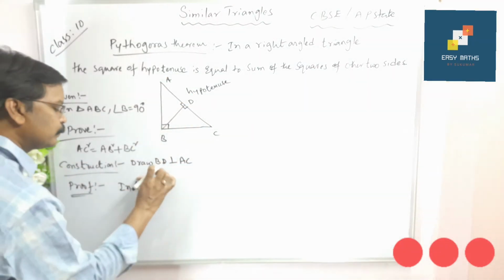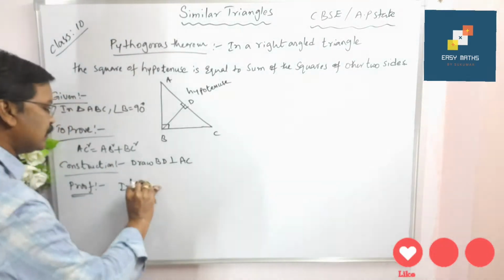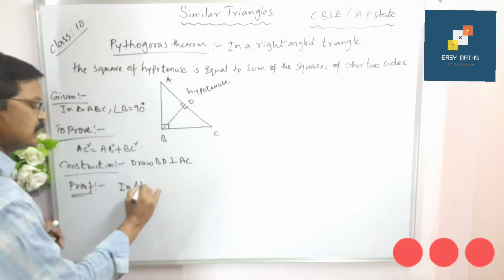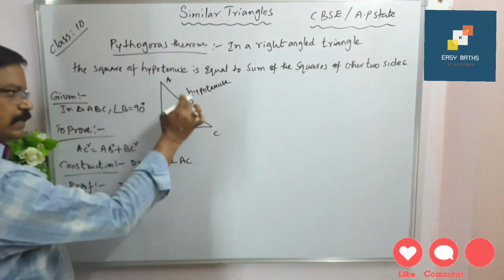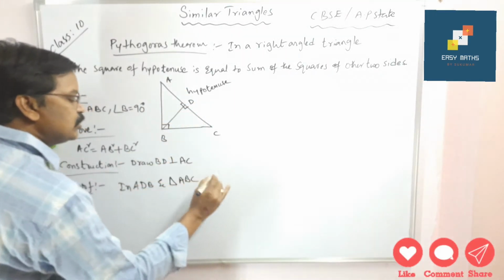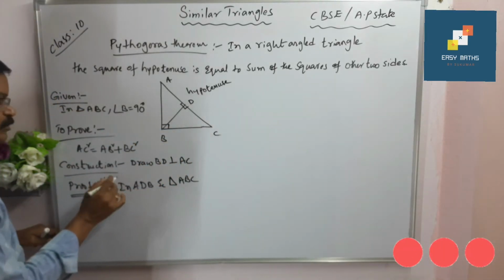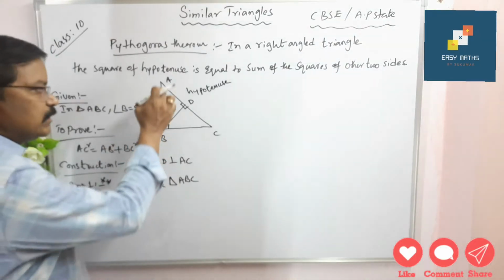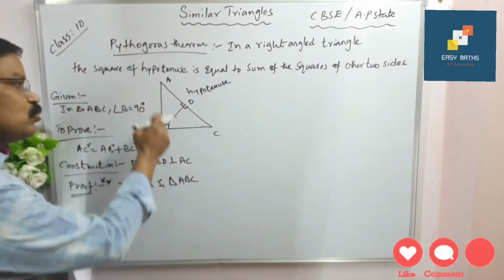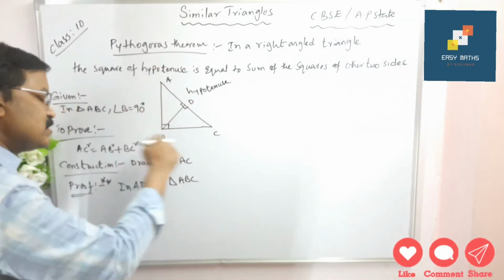In triangle ADB and triangle ABC, you have to take this order. It is very important. Take only this order, ADB and ABC. Don't take ABD and ABC.